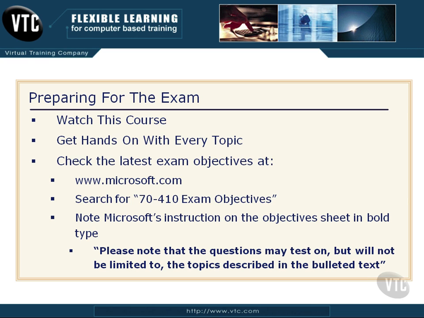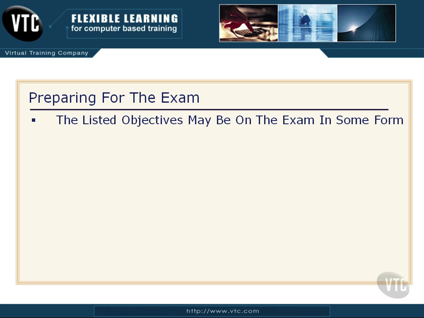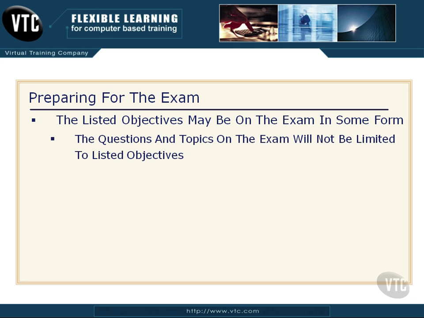In other words, they're saying, we're giving you these objectives, but we're not going to hold ourselves to these things. These questions may test on these topics, but they're not going to be limited to these. There's even more stuff we can pull from. So, the listed objectives may be on the exam in some form. The questions and topics on the exam are not going to be limited to those listed objectives.